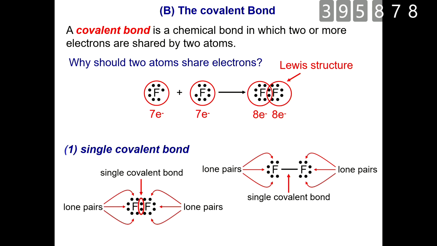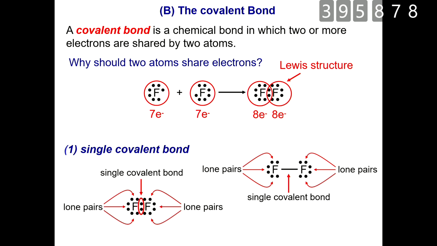And of course, each fluorine has other 6 electrons. These 6 electrons don't join the covalent bond, right? So they are called lone pairs. So in this structure, for each one, it has 3 lone pairs and one single bond.